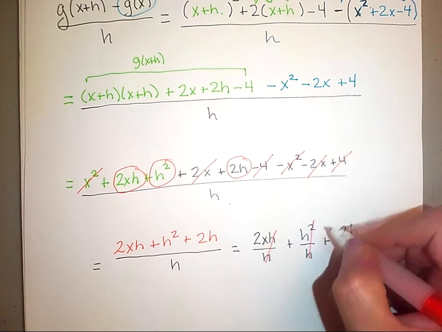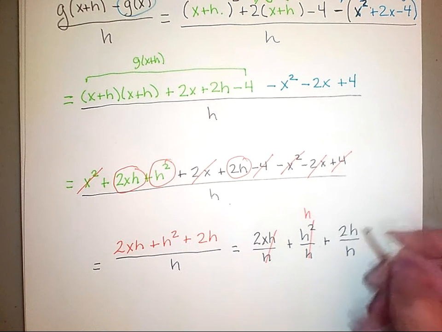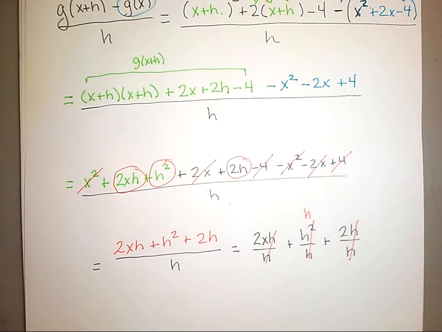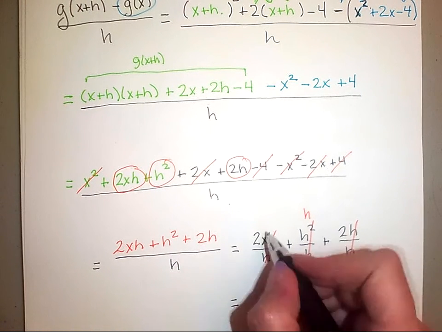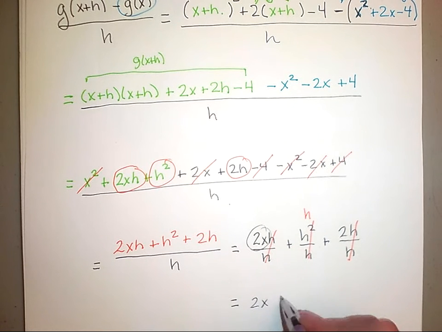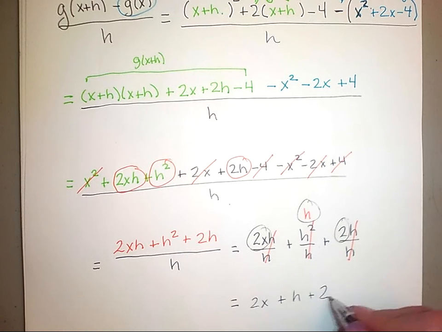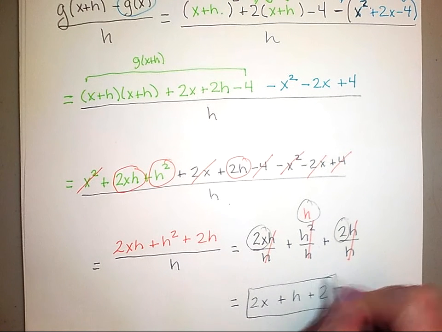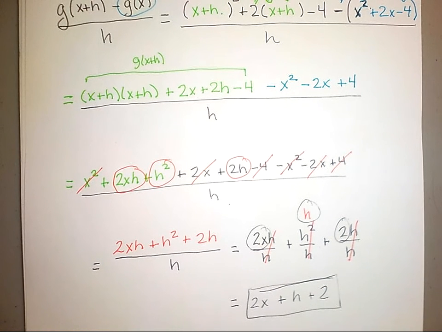Since this is a single term in the denominator, this is the same as the first term over the denominator, plus the second term over the denominator, plus the last term over the denominator. And now we can see canceling happen. Here I have two h's up top, so I'm left with one. So in the end, there's just two x's plus this h plus this 2.